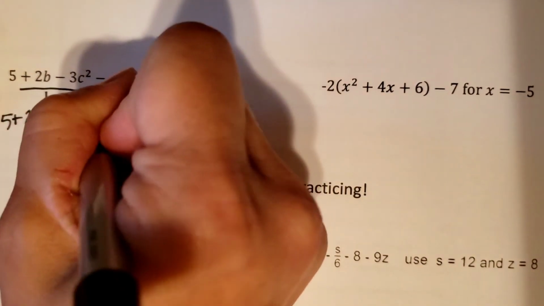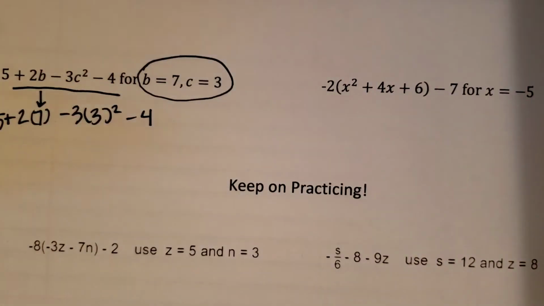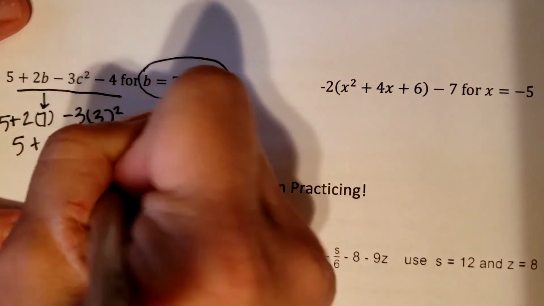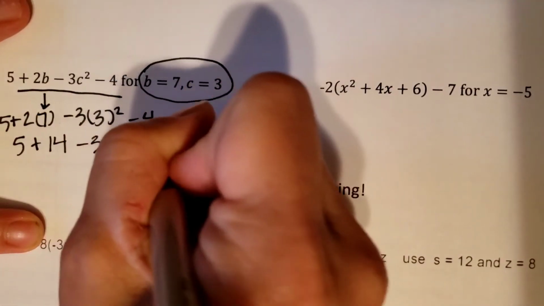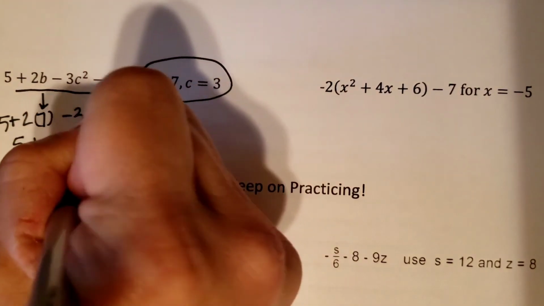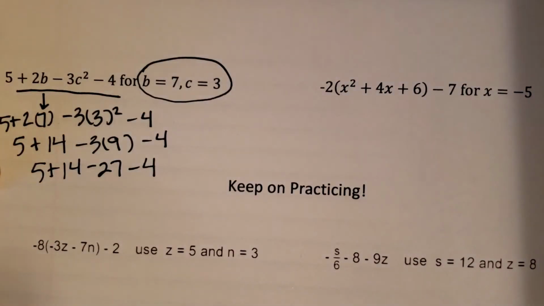So minus 3 times 3 squared minus 4. So the 7 for b and the 3 for c. So 5 plus 2 times 7 is 14, minus 3 times 3 squared is 9, minus 4. That'll be 5 plus 14 minus 27 minus 4. So I did my multiplication there.